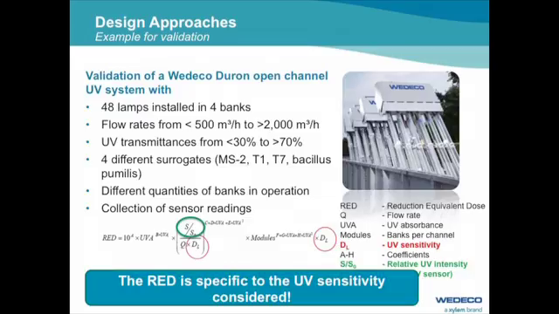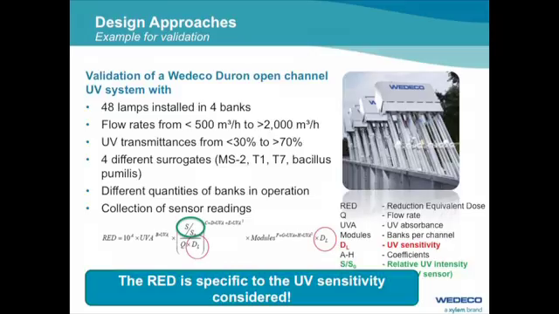And as we did cover a wide variety of flow rates, UV transmittances, and surrogates, which all have a different dose response characteristic, we now can use the results, which are aggregated in such a complex validation formula, in order to properly size the system according to your specific waters.